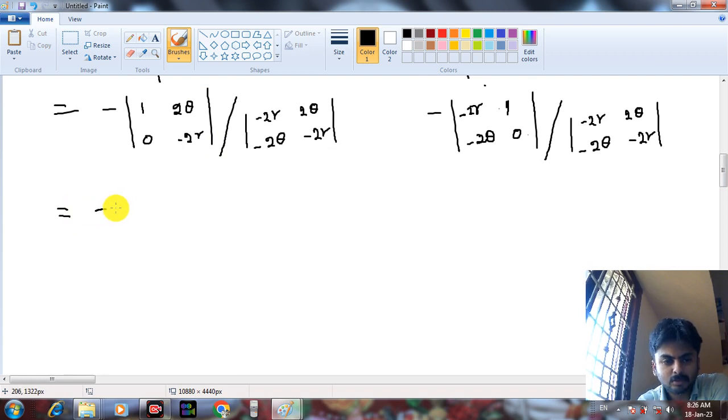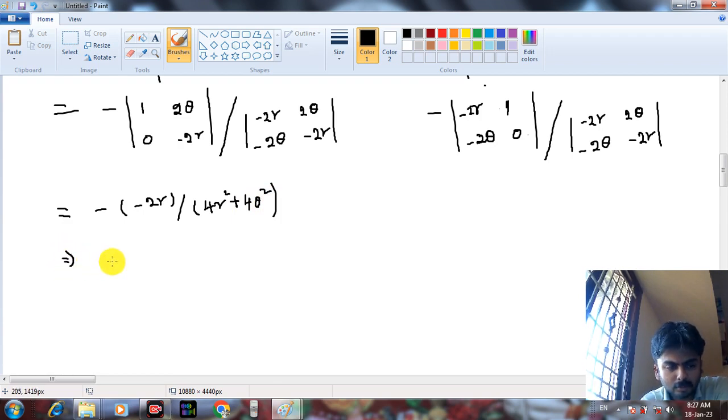That is equal to minus 2r minus 0, divided by 4 r square plus 4 theta square plus 4 theta square.